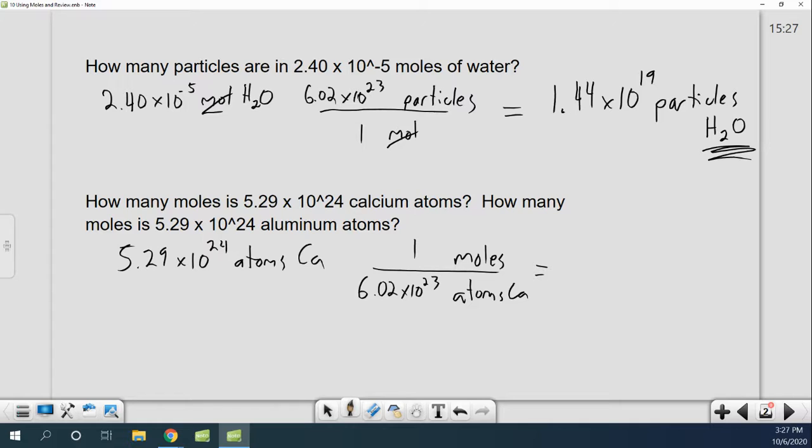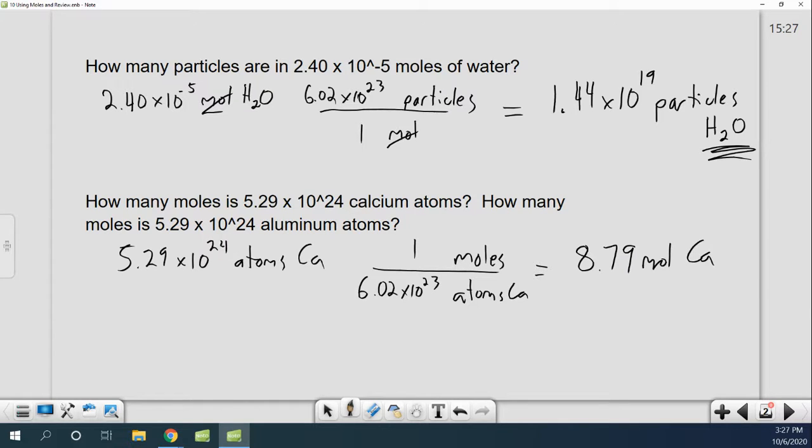Let's solve that one. 5.29 times 10 to the power 24, divided by, open my brackets, 6.02 times 10 to the power 23, equals 8.79 moles of calcium.